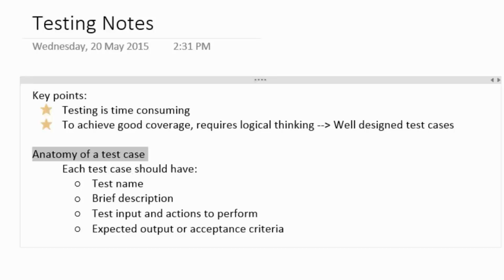For example, if we have a login procedure and our test case input is to enter valid user credentials and attempt to log in, then the expected output or expected result is that the system will allow the login. On the other hand, if our test case is to enter invalid user credentials, the expected output in this case is for the system to reject the login. Okay.